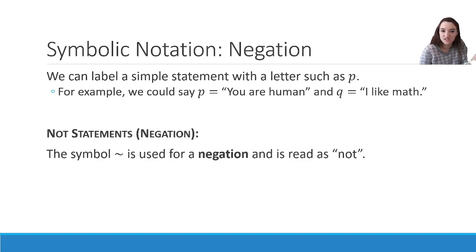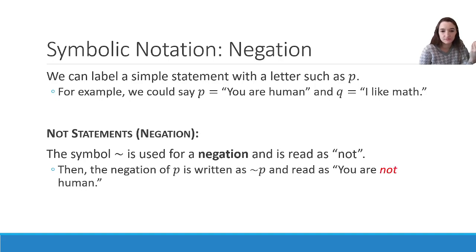Okay, so let's start with the easiest one, which is the negation. For the negation, we use a tilde symbol, which is read as the word not. Once again, we can use other words when we translate into verbal statements just to make the English make sense, but in general, we read the negation as the word not.